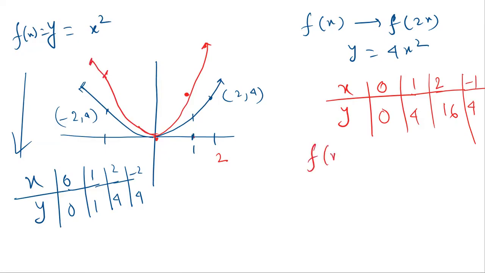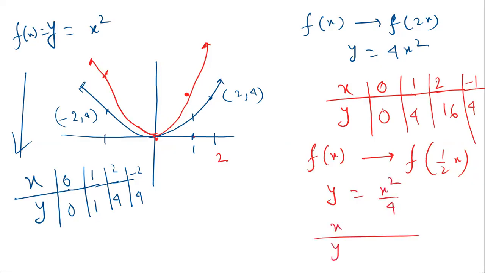Now if you transform f of x to f of 1 by 2 x, what will happen? Now y will become x square by 4. So for x and y, you check the values, same values. 0, 0. For 1, this will become 1 by 4. For 2, this will become 1. And for minus 2, this will become 1. So somewhere it is 1 by 4, somewhere like this.